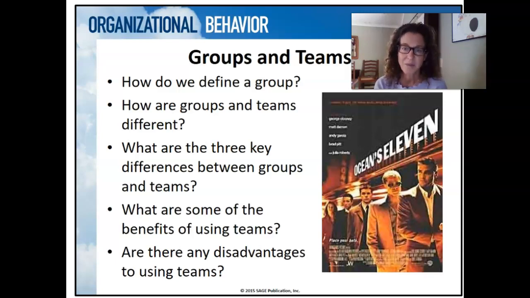We have the same number of employees, but because they work together, they accomplish more thanks to motivation, and they accomplish higher quality thanks to the cross-fertilization of ideas. So organizations will use teams to tackle very complex tasks that require different skill sets. They will benefit from doing so because individuals will be more motivated.